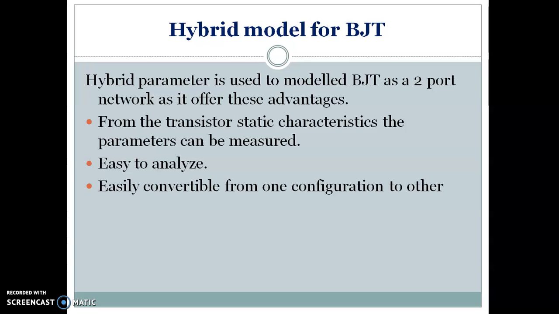Then they are easy to analyze. And we can convert from one configuration to another, because BJT amplifiers can be used in common base, common emitter or common collector configuration. So without making much complex scenarios, we keep the analysis part the same and convert from one configuration to another.